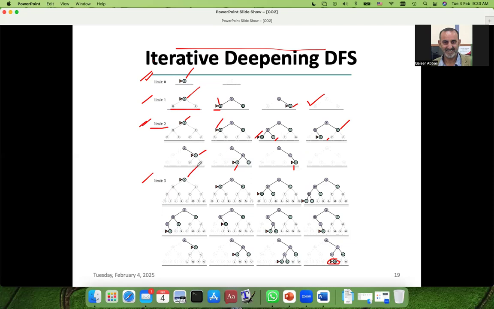With this approach, definitely our algorithm will find the solution, because in each step we are increasing the limit.